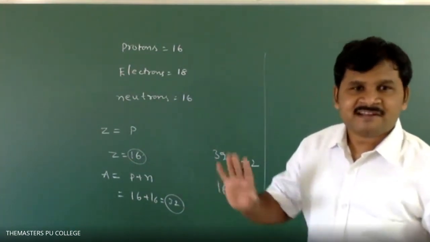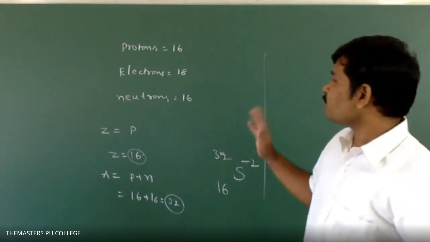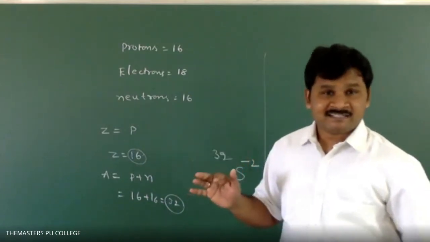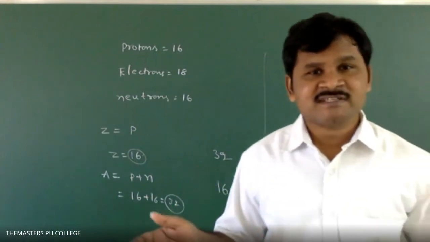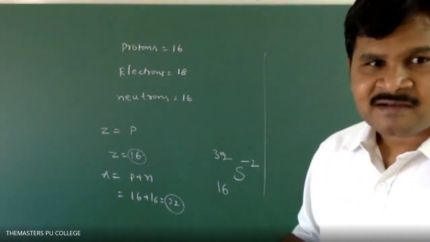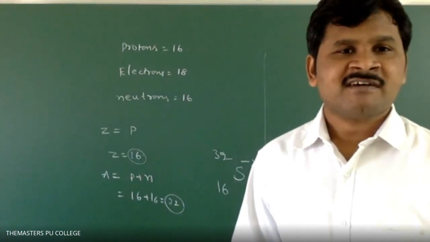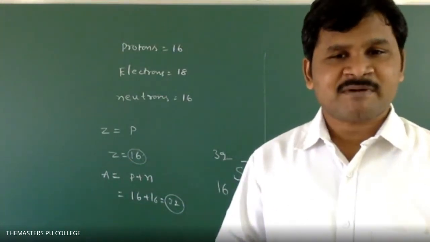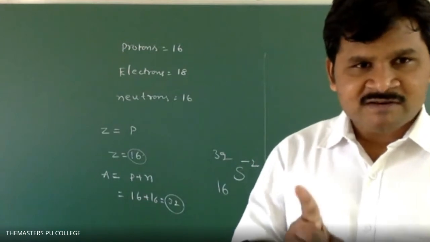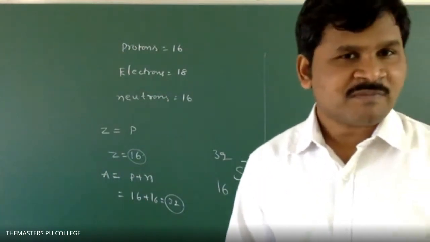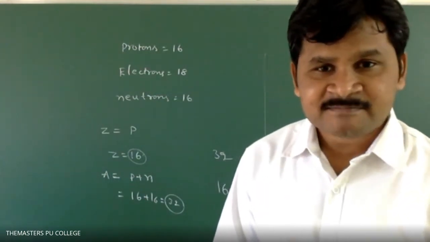What type of ion you have to identify. Here protons are greater than electrons, which means compulsory you will get a positive sign. How many positive signs? That many as the difference. Here one difference is there, so one positive sign you will get.